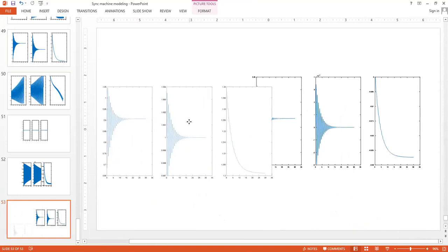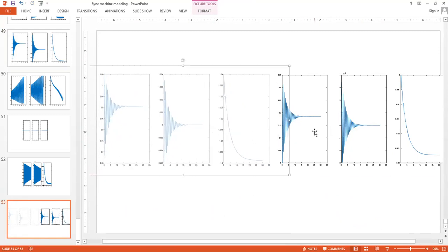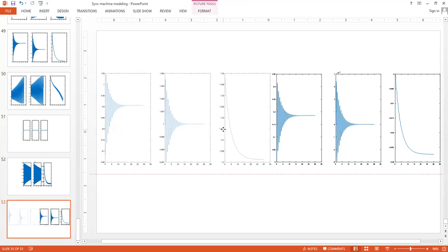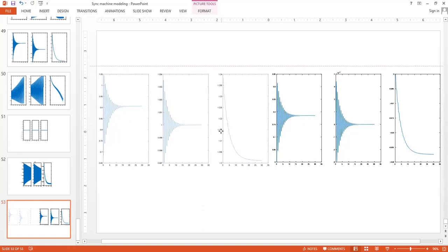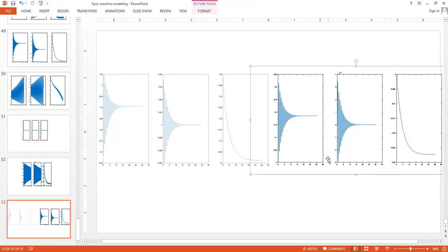Now you see, do they look similar or identical? The left one is the nonlinear response that we did earlier, and the right one is the linear response that we are doing today for damping D equals to 5.